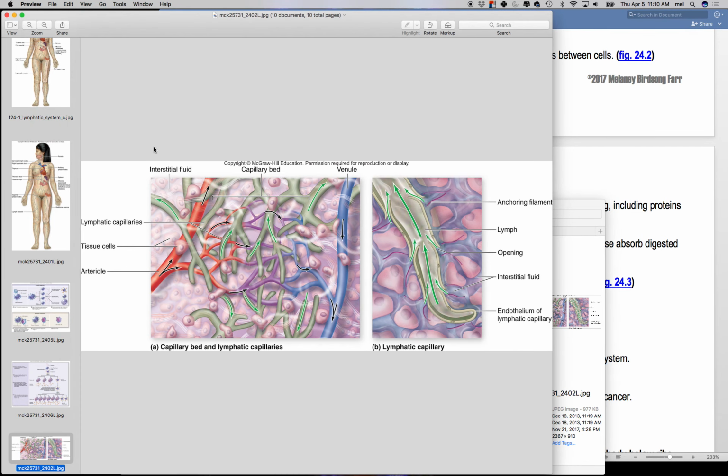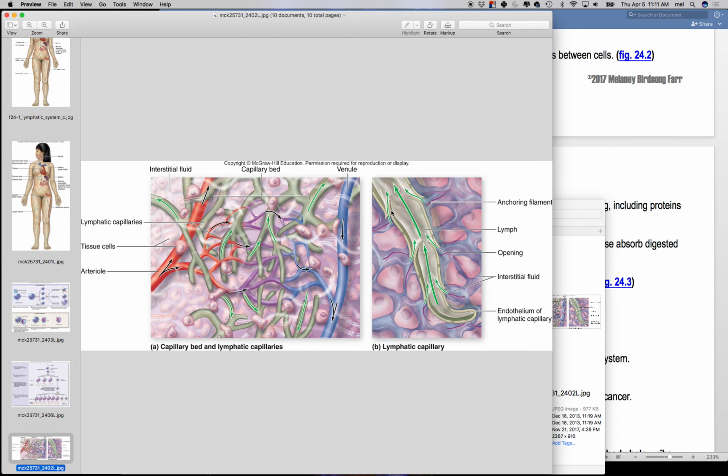Okay, so you have a blood capillary bed, arterial end and venous end, yeah? Woven into that capillary bed, you have lymphatic capillaries. But the lymphatic capillaries are not a circle. The capillaries are blind end. So whereas, guys, your arterial capillaries link to the venous end, and so it's like a circle, the lymphatic capillaries are blind end.